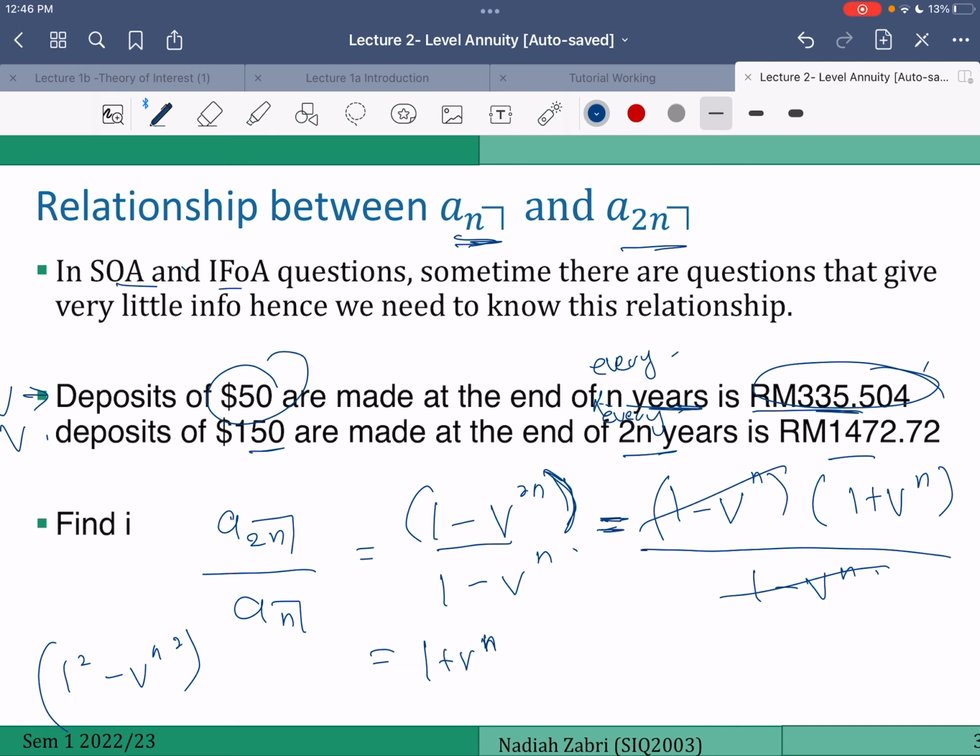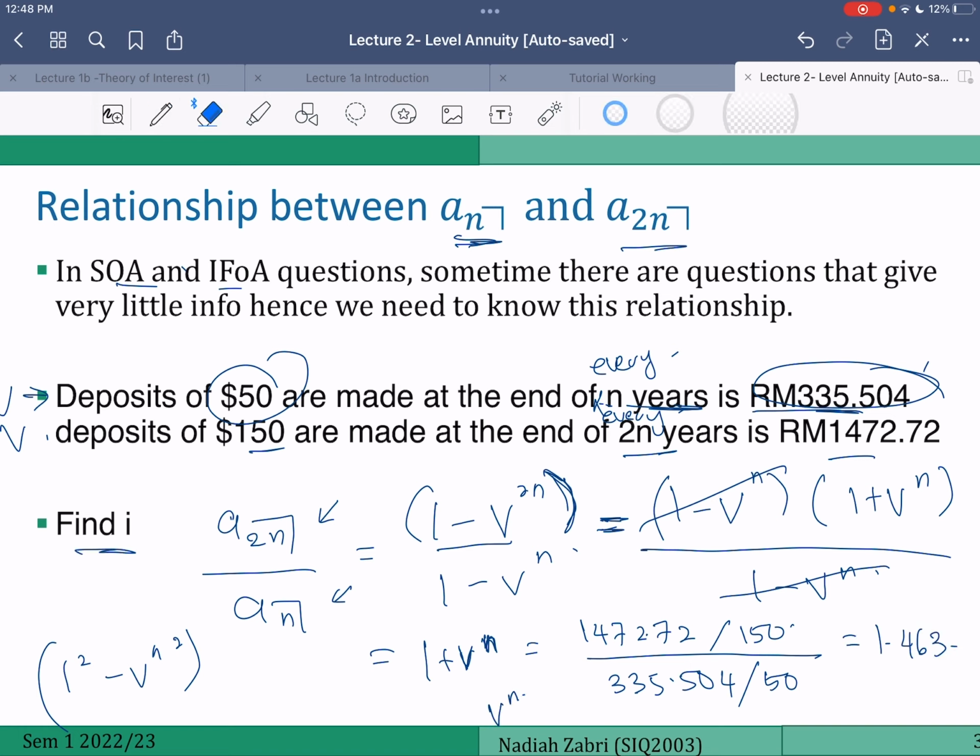You are now one step closer. So 1 plus V to the power of N is equal to this over this, and we know this information. A angle 2N is basically 1472.72 divided by 150, and then A angle N is 335.504 divided by 50.